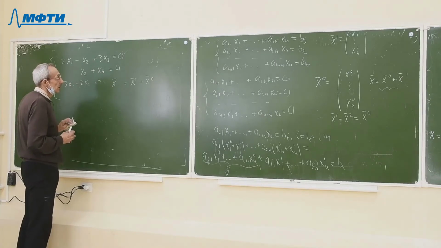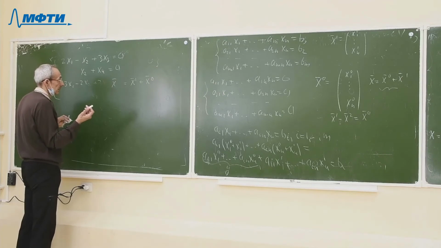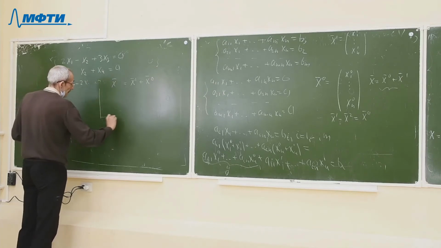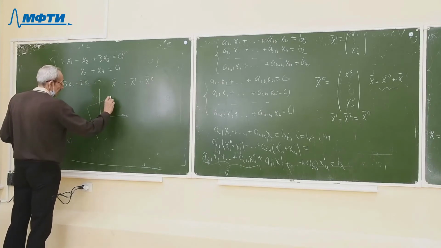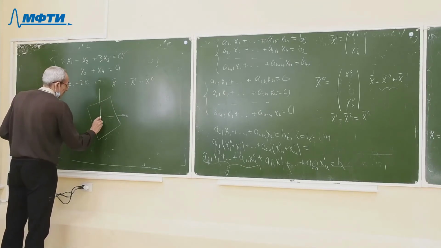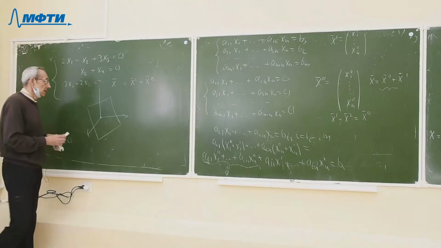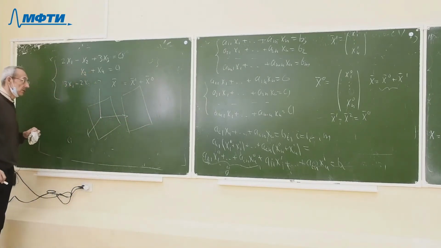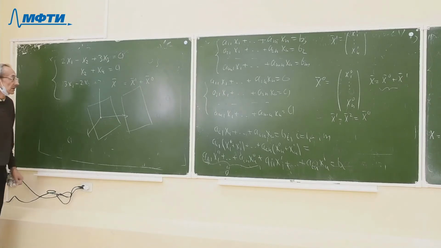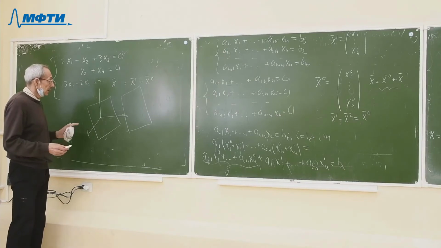From a geometrical point of view, the solution of the homogeneous linear system is some hyperplane which passes through the origin of the coordinate system, and the solution of the corresponding non-homogeneous system is another plane which is parallel to the initial one.